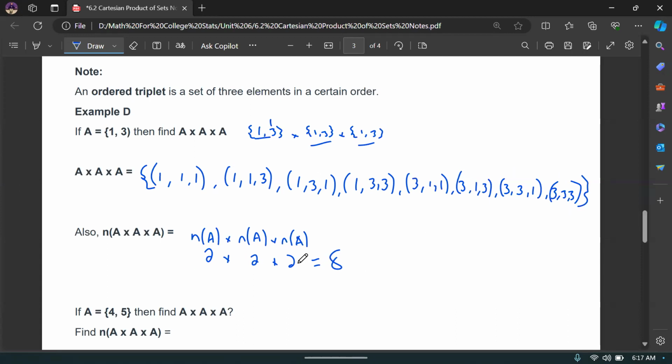So again, the rule here still applies, which is good to know because if you end up with 7 or something, you know that you've miscounted or left one out. If you end up with more than 8, you're like, okay, there must be something repeating here. You can find out which one you've accidentally duplicated. It's just nice to know that you should have exactly 8, so that you can confirm you're not missing anything or that you don't have too many.